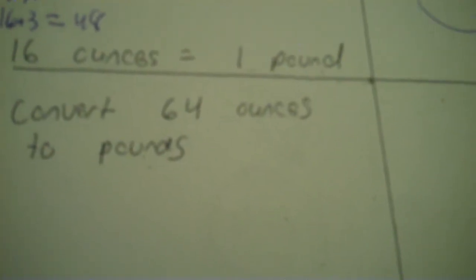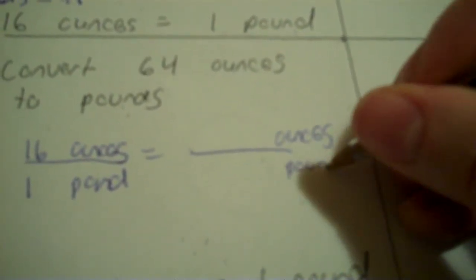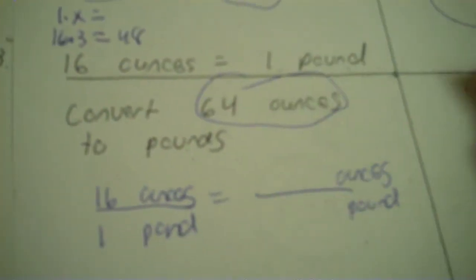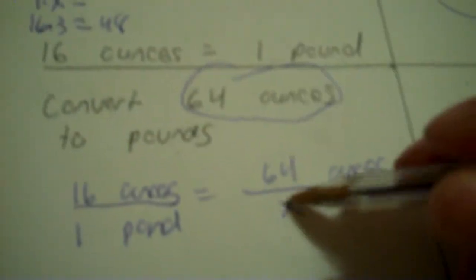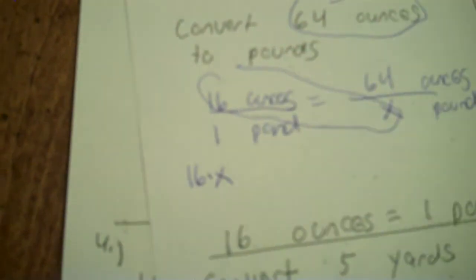So just put a 48 with your x, and that's the answer. Convert 64 ounces to pounds. 16 ounces equals 1 pound. Remember, this is what you're concerned with to start with. 16 ounces, 1 pound. And then put the labels in the same place, the words in the same order. 64 ounces, x pounds, because that's the answer to the problem. Okay. So 16 times x. We can't figure that out.